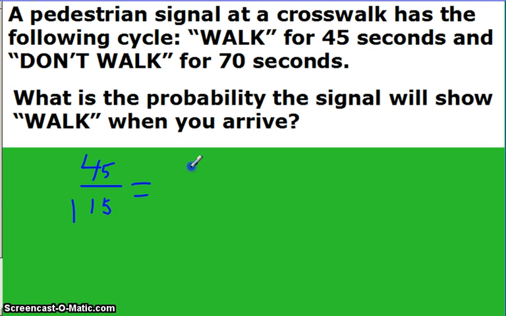So if I take a 5 out of both of those, I'd have a 9 over 23. So 9 over 23 is the probability that when we arrive it says walk.